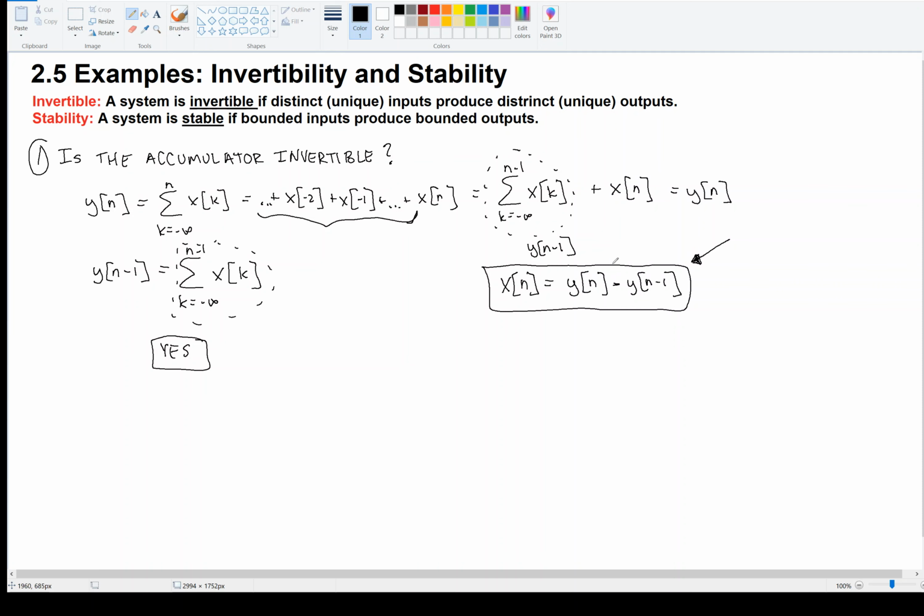The differentiation operator is a limiting difference. You should have learned that in calculus. And so here what we're saying is that the inverse of the accumulator is the first difference. That's an important relationship, just like in calculus, where the inverse of the integration operator is the derivative.